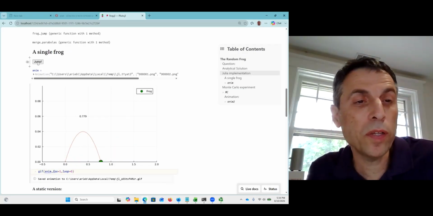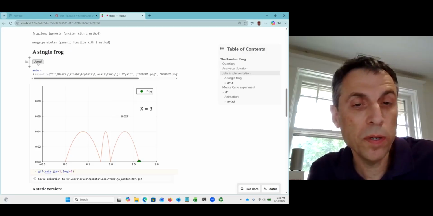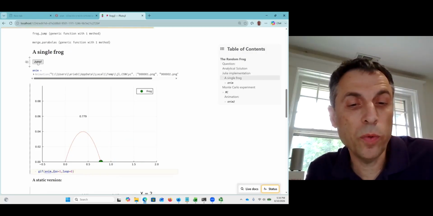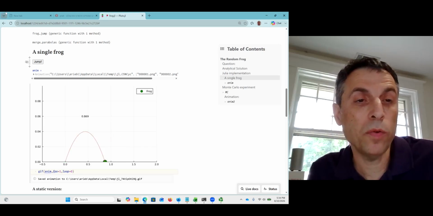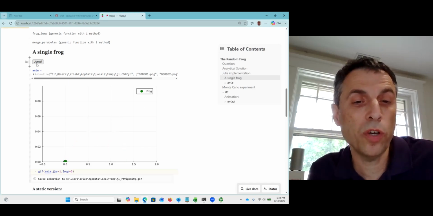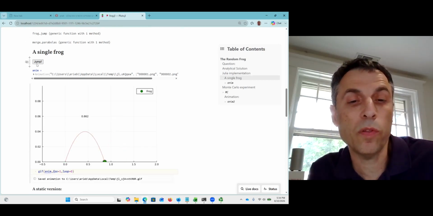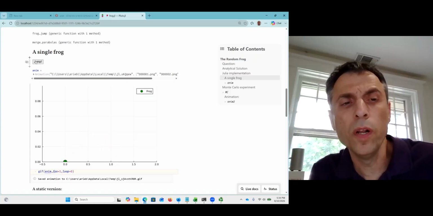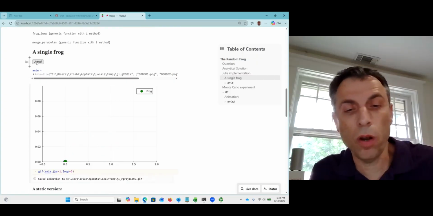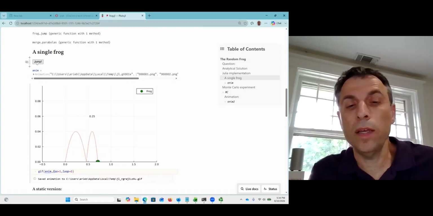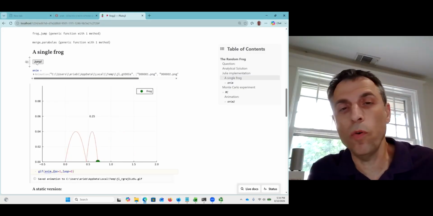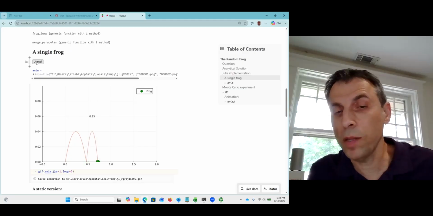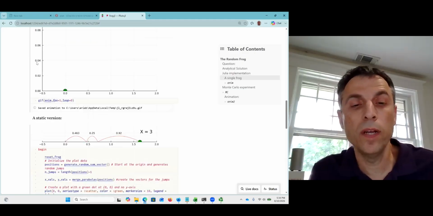I can press this button and say jump, and it will draw another, here X is equal to 2, and I can do another jump, another try, and so on. So the idea is to keep doing that a lot of times, and here it's 3, and then sum all those trials over the X's and divide by the number of trials. It's a Monte Carlo experiment.